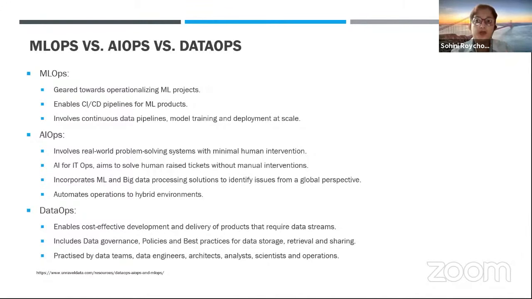AI ops typically does require some big data processing solutions knowledge, because in this case, you're supposed to look at a problem from the whole zoomed out version. So let's say that I'm asking for support, but I'm not using the exact word software, or I'm not using the exact word hardware, but I'm using things like cable, I'm using things like adapter.